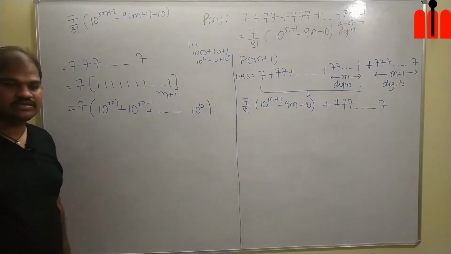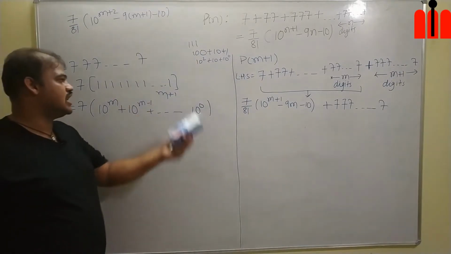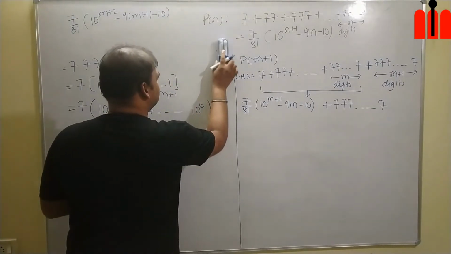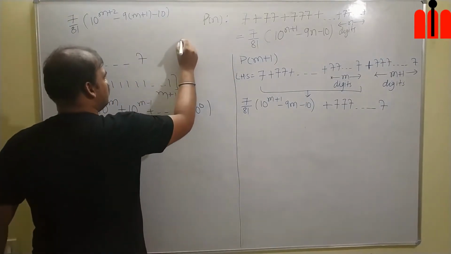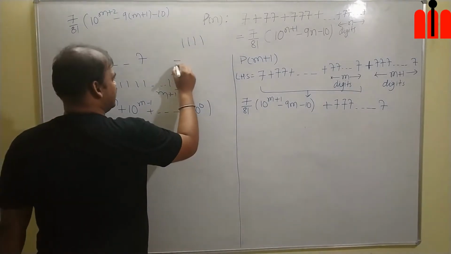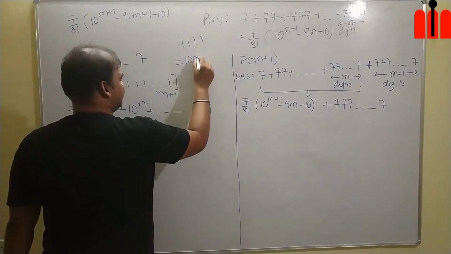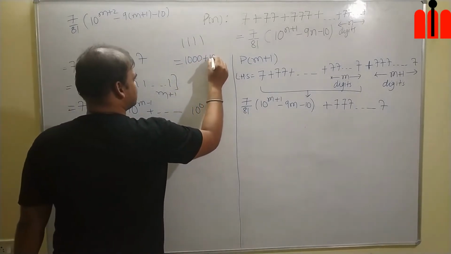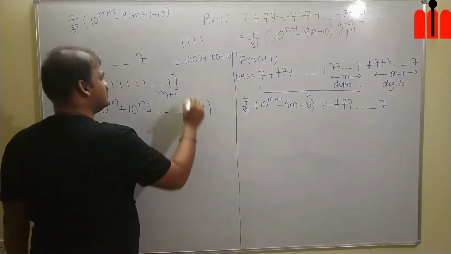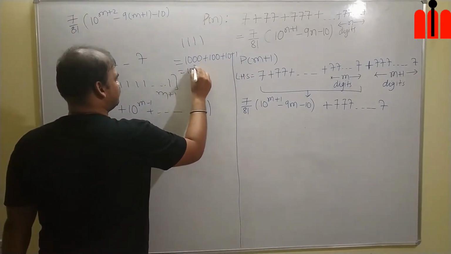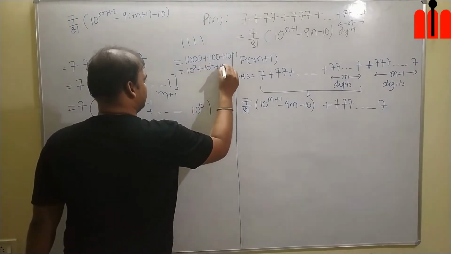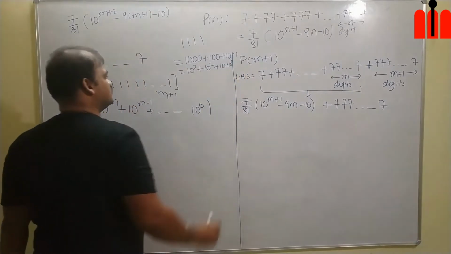Are you getting this? Suppose I give another example, 1111. 1111 can be written as 1000 plus 100 plus 10 plus 1. It will be 10 to the power of 3 plus 10 to the power of 2 plus 10 plus 10 to the power of 0.